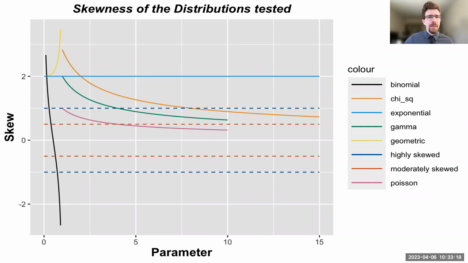And then you have the chi-squared, gamma, and Poisson, and you have them stacked on top of each other. You have ones that stay in the low ranges, between the moderate skewness range and the low skewness range. And then you have above, the very high skewness range and the moderate range, and then the very, very high skewness and the moderate.